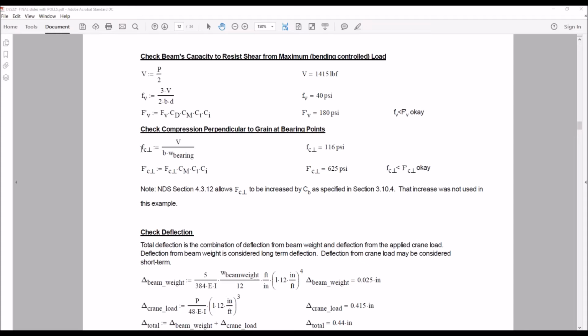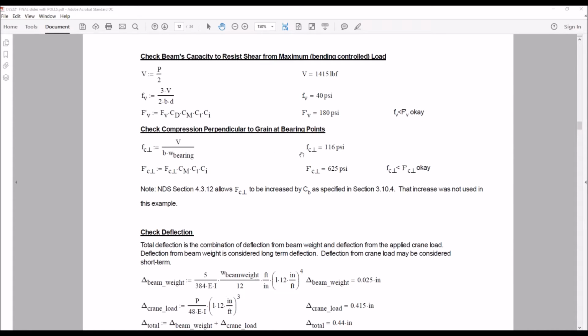So the F sub C perpendicular, or the applied compressive stress perpendicular to grain, is equal to the reaction load divided by the area of bearing. For us, it's that width of bearing times the B value, the breadth of the beam.